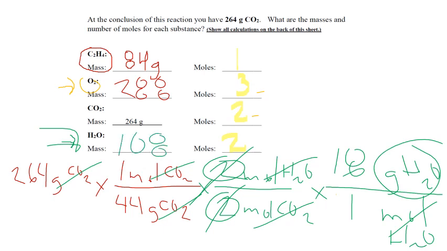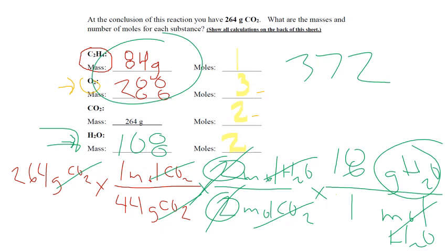108. All right. Now, here's the thing. If you notice, the total masses of these, 84 plus 288 is 372, right? That belongs down below in total masses of reactants. We'll remember that. That's probably pretty important. 372.